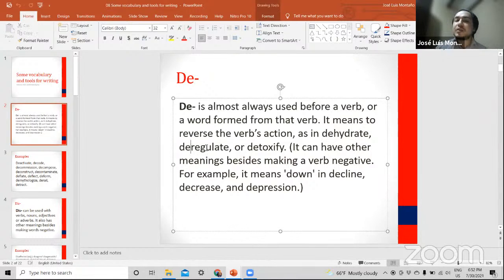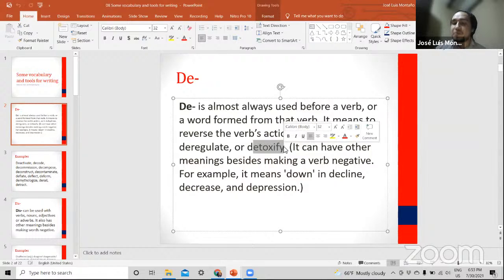Regulate, right, is the action of regulating things, putting things into a parameter order, and to deregulate is going to be the opposite, right? Taking things out of that parameter and causing the opposite. Toxify, right? Of course, to fill with toxins, and detoxify is going to be to eliminate, right?